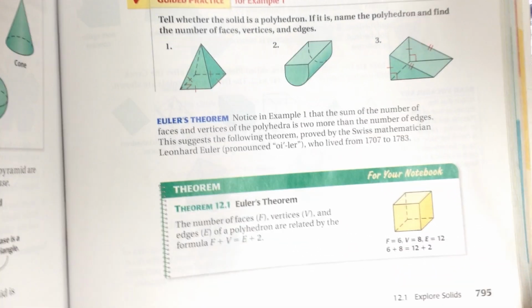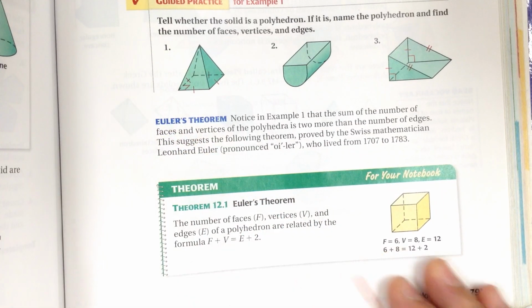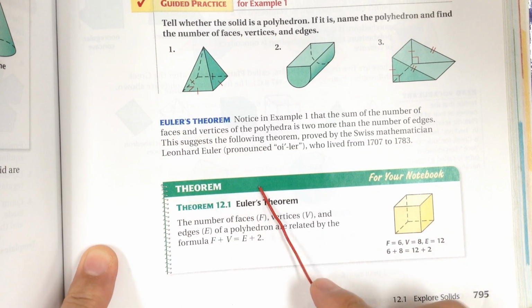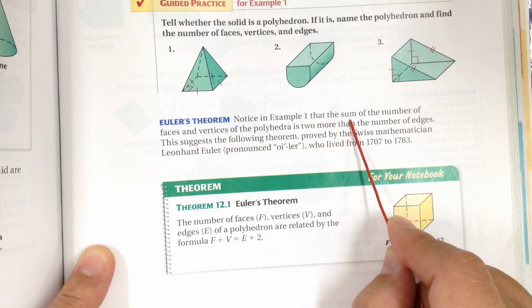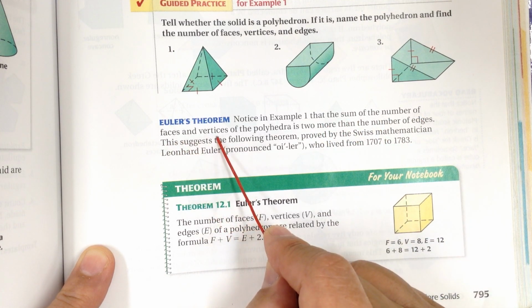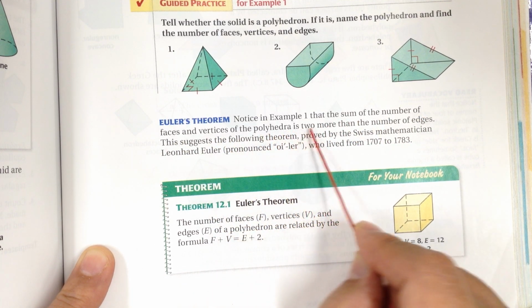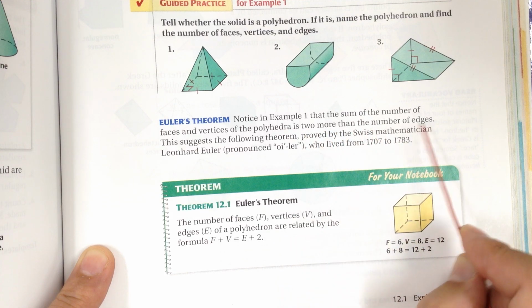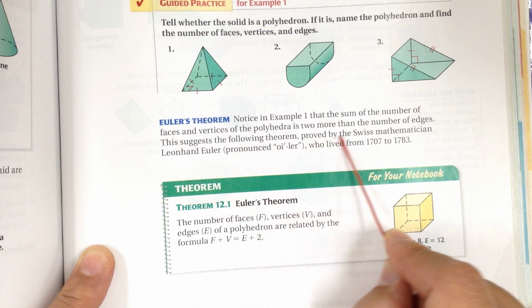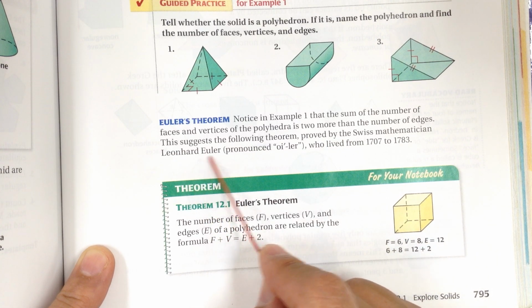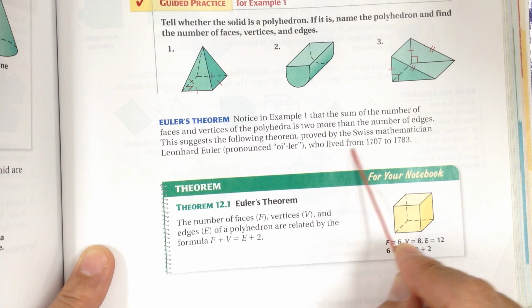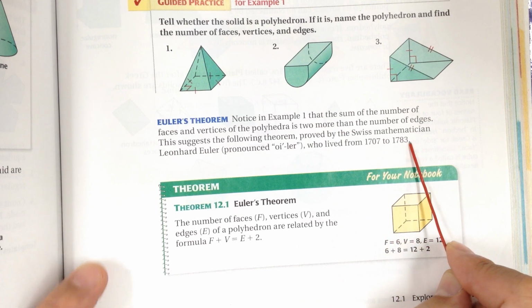Okay, now let's go to the bottom of page 795. So here, Euler's theorem. Notice in example 1, the sum of the number of faces and vertices of a polyhedron is 2 more than the number of edges. This suggests the following theorem proved by the Swiss mathematician Leonhard Euler, who lived from 1707 to 1783.